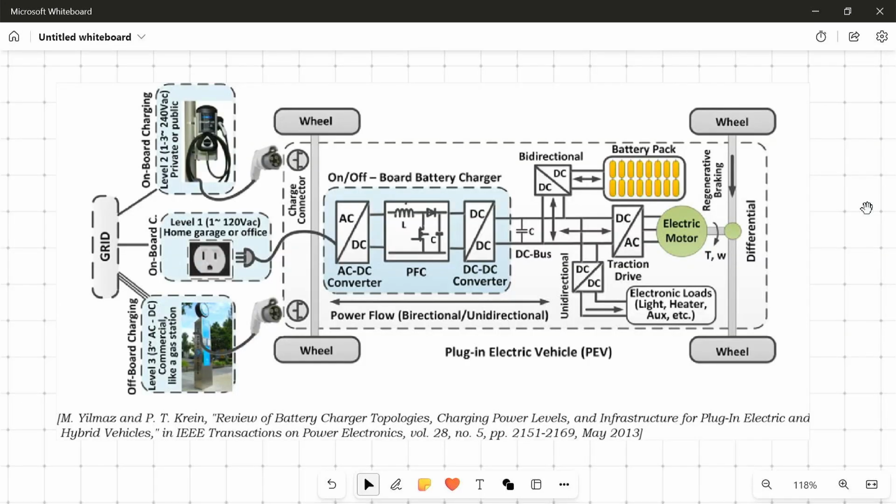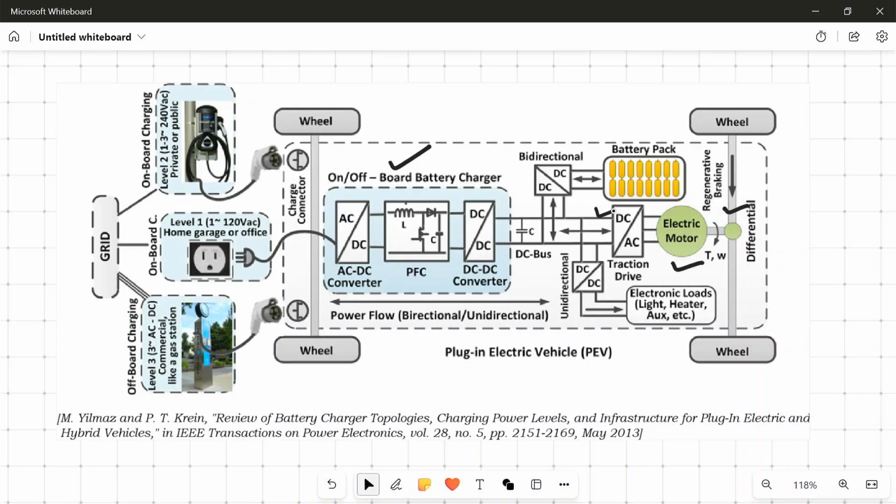If we look at the basic components of an electric vehicle, a typical layout is shown over here. We find that the electric vehicle contains a charger and an electric motor, which is connected to the wheel through the shaft. And then there is a DC to AC power converter, which is installed for operating the electric motor as per requirement.